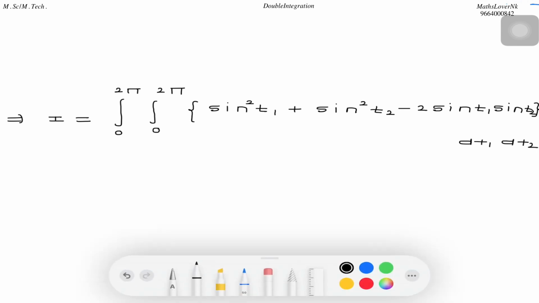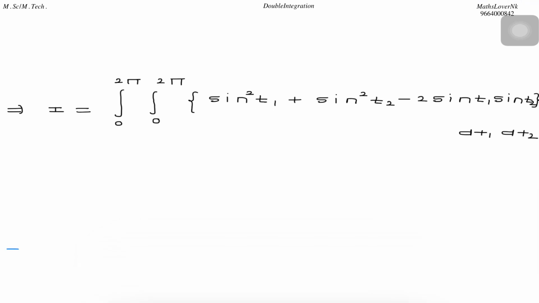Now we can write it separately and carry out the integration with respect to dt2. We get I is equal to the integral from 0 to 2π as it is, and 0 to 2π.